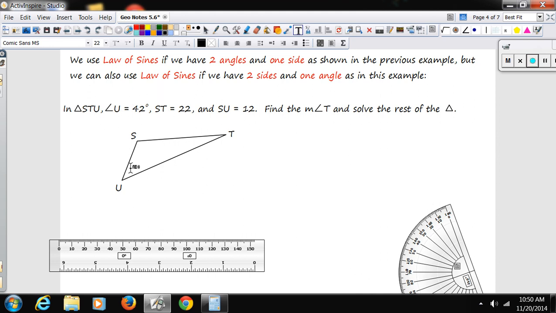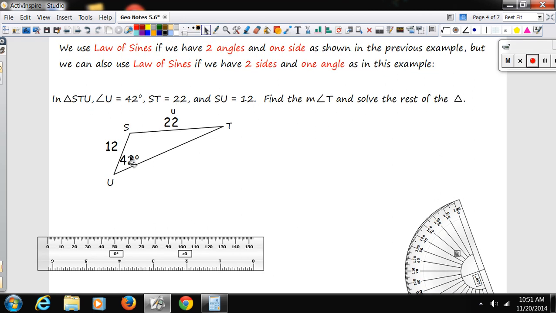So they gave us angle U. So let's put in the angle U, 42 degrees. And then ST is 22. And SU is 12. So basically what we have is little u across from the big U, right?